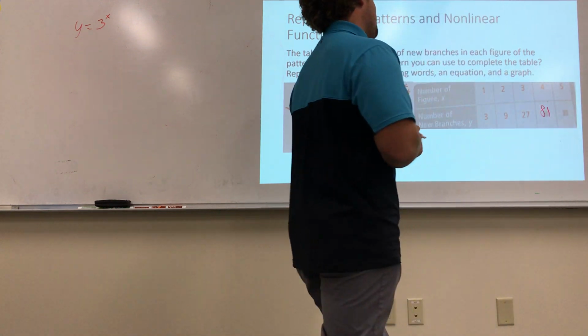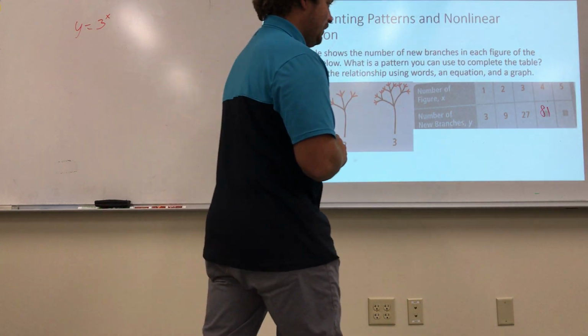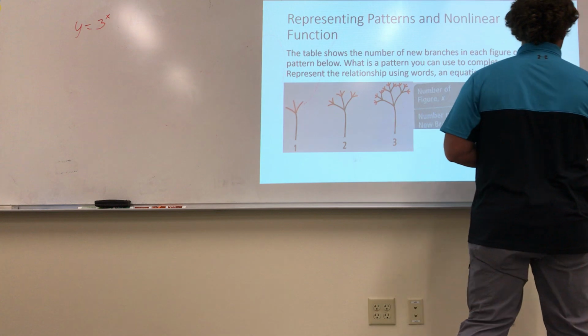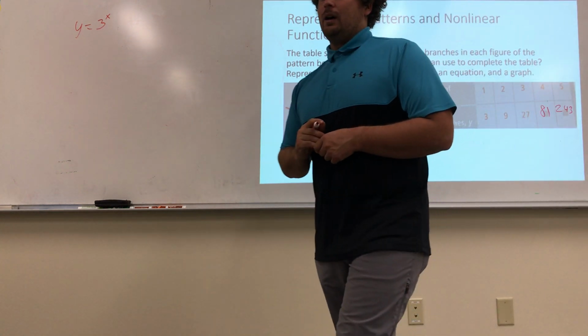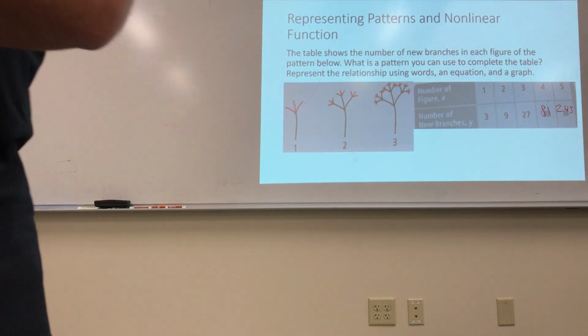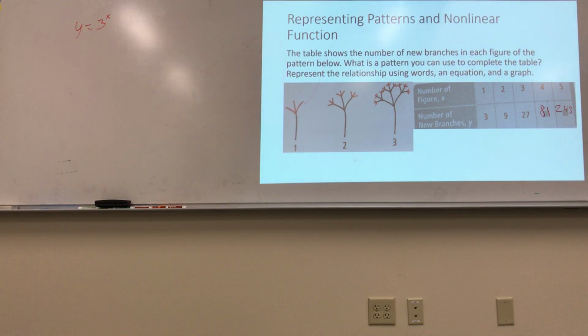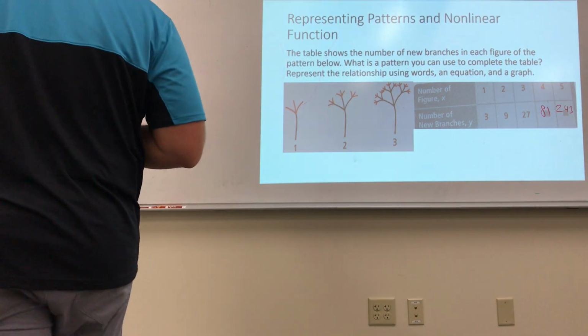Take that by another 3, must be like 243. I'm not 100% sure off the top of my head, but that's what I'm thinking it is anyway. And of course, I was correct on that one.